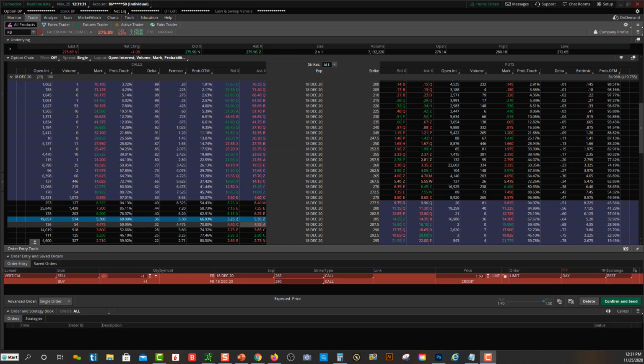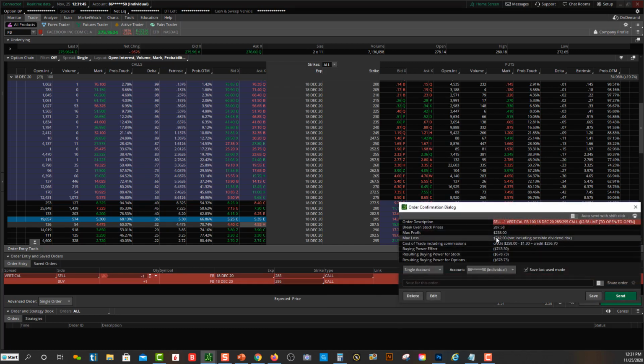Now, this is with a 5 strike difference. If I wanted to receive more of a credit, I could go, let's say, to a 10 strike. You'll see the credit comes in, and instead of 150, now it's 250. But when you do this, just realize your risk also goes up. You want to be careful. Just like with anything, you want to let your winners run, take your profits along the way, and don't get too greedy.